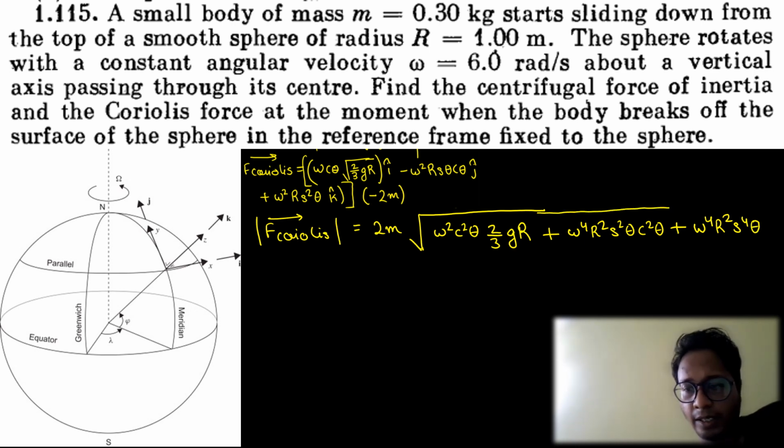If you take the square root of this, we'll get these values. Now let us solve it.